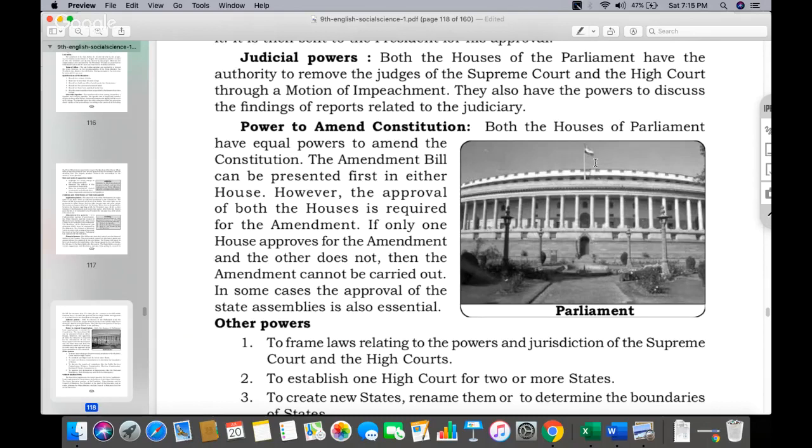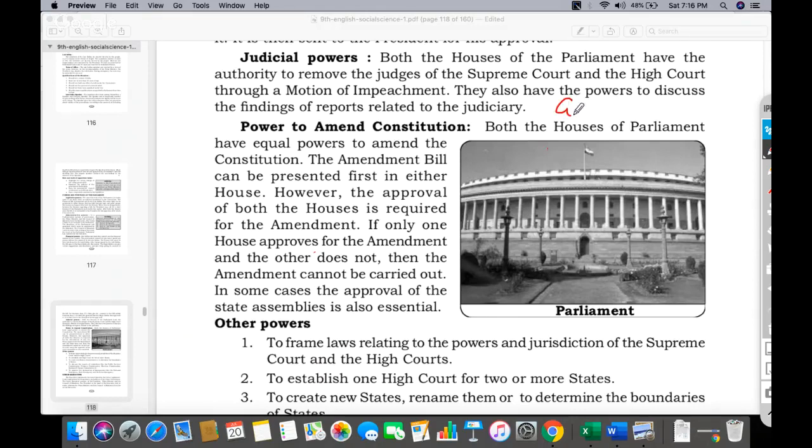That we already know. If one house approves the amendment and other does not, then the amendment cannot be carried out. This is for all the bills except financial bill. We know that if Lok Sabha passes constitutional amendment bill and Rajya Sabha does not pass it, it can never become an act. But apart from that, there are few bills like we had GST bill. So GST bill was a very important bill for the whole country because it was related to states also.